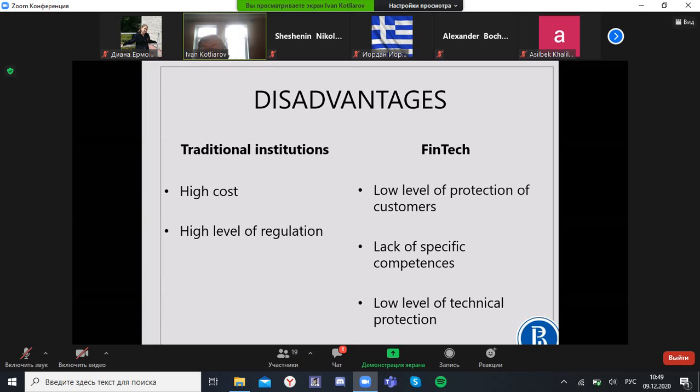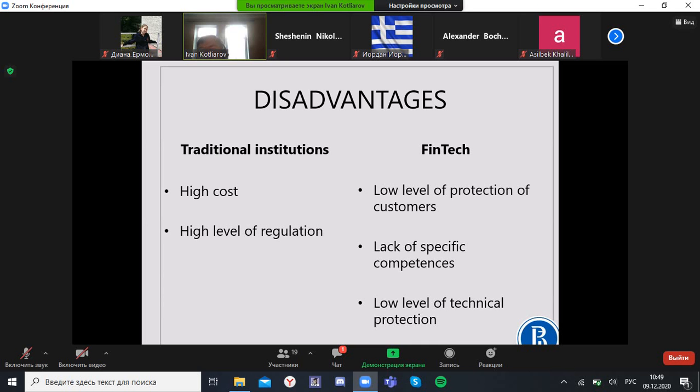In case of fintech, the disadvantages are the low level of protection of customers because there is no precise regulation for fintech, and this is why conflicts cannot be solved easily. Lack of specific competencies.